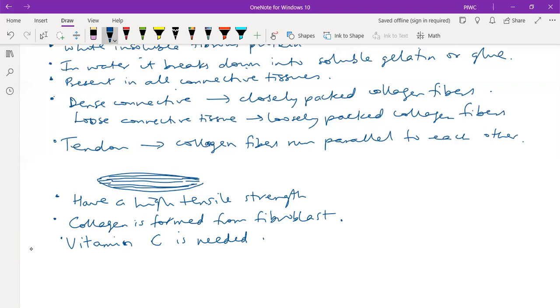Now, there are certain things that can hinder the production of collagen fibers, those that have an inhibitory effect on production. This includes the steroids, like the steroid hormones.